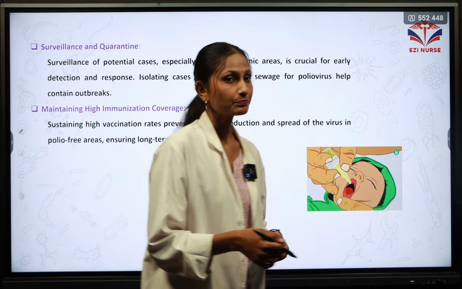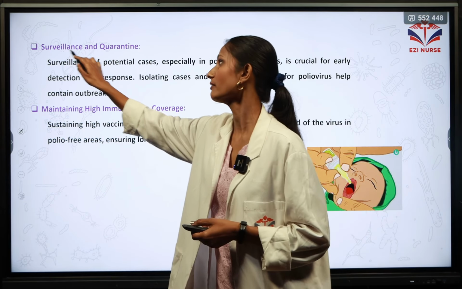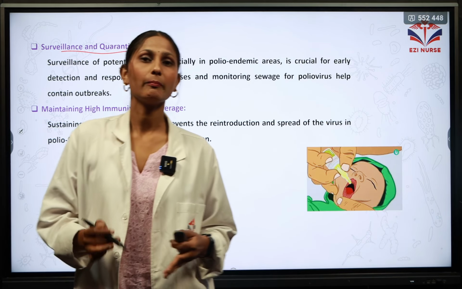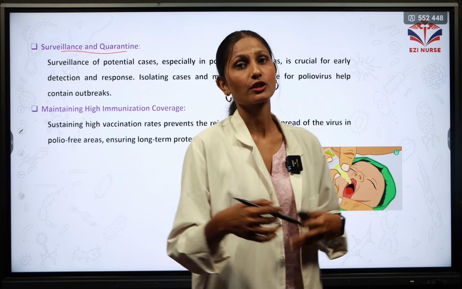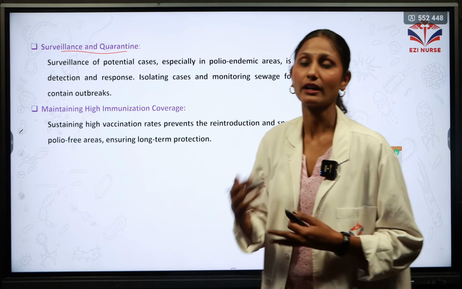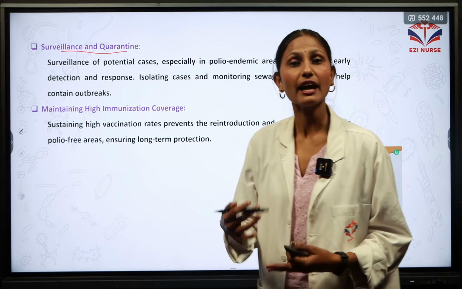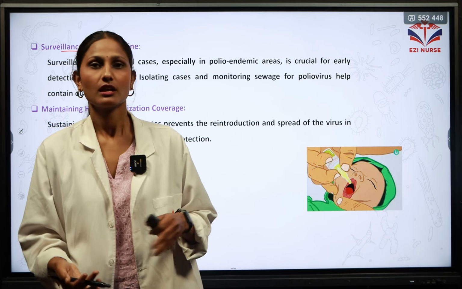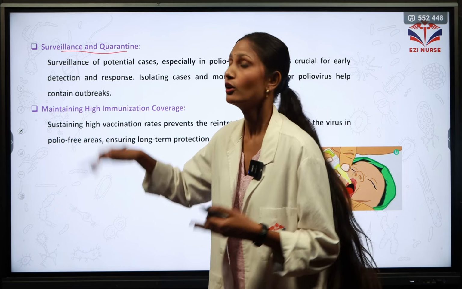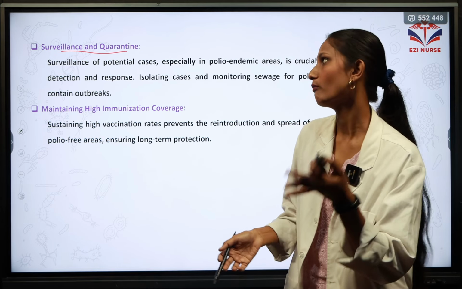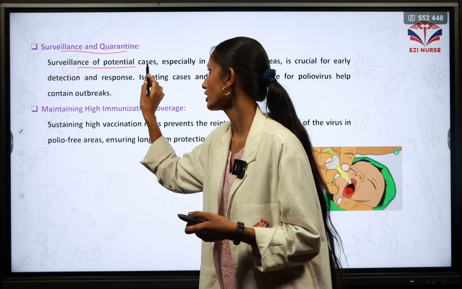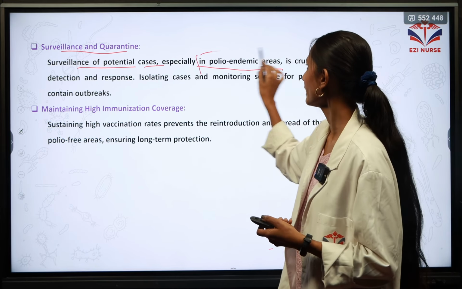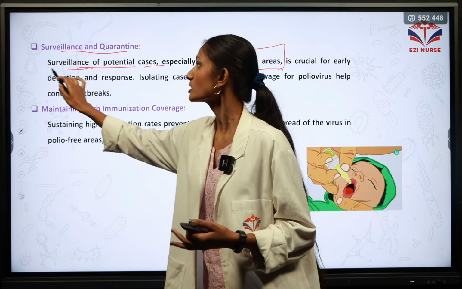The next one is surveillance and quarantine. In surveillance, in the area where most of the people have poliovirus infection, we keep an eye on that area, we do the surveillance, and we have to detect cases early, start the treatment first, and isolate the person who is infected by the poliovirus. So we do surveillance of potential cases, especially in polio endemic areas, where we have to keep special surveillance.